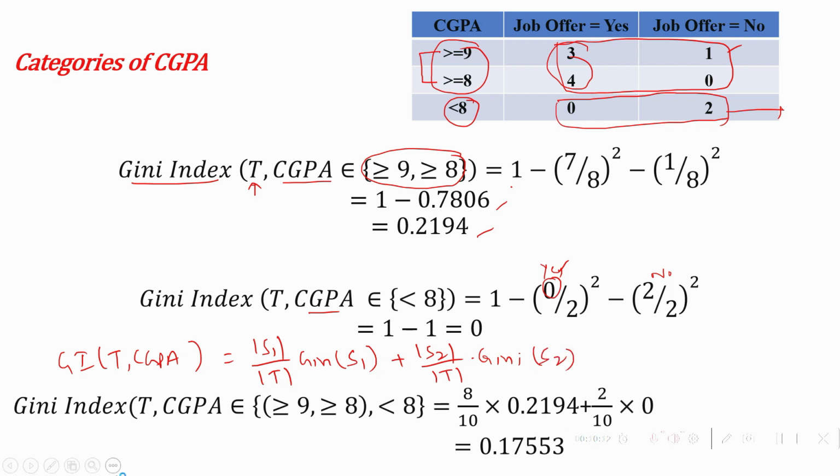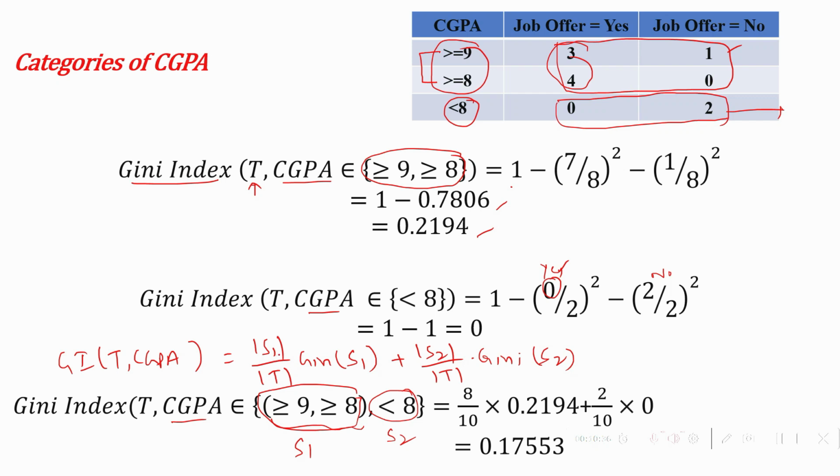Here we are applying the same concept. So we are having two subsets: CGPA greater than or equal to 9 and greater than or equal to 8 is one subset, that is the left subset S1, and less than 8 is the right subset S2.